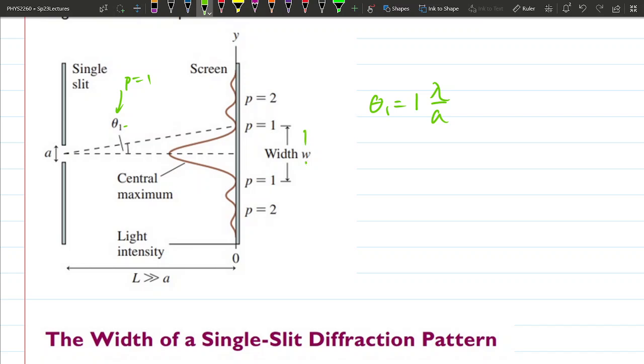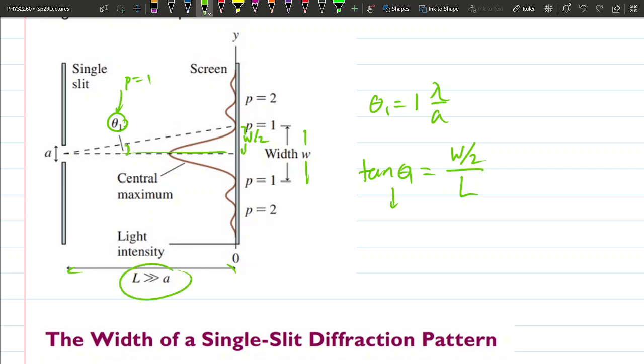Once again, if we want to figure out this width here, over here is the width divided by 2, because we have half the width on the top and half the width on the bottom. So if we know the angle theta here, tangent of theta 1 is going to be W over 2 divided by this length here, which is L. And once again, we're doing the small angle approximation.